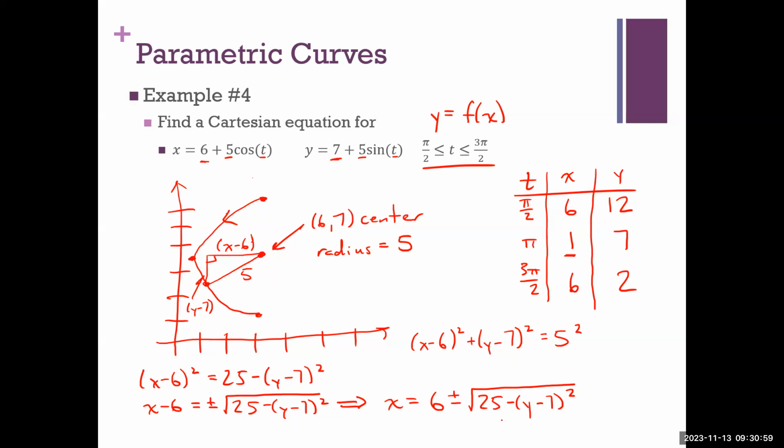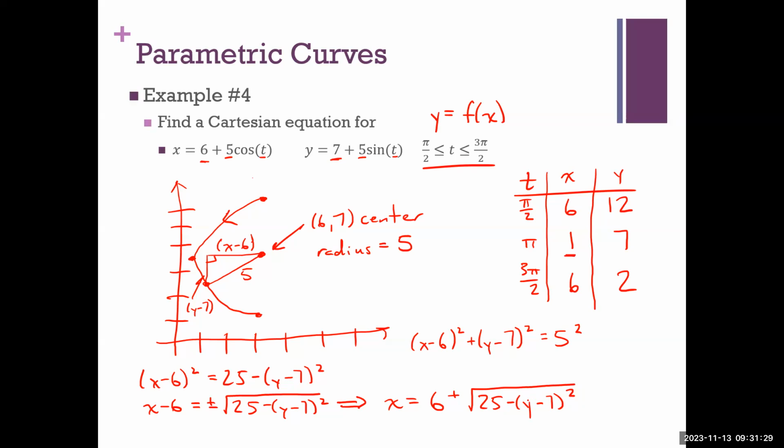But this isn't really a function because this has a plus or minus in it. If I really did both, the plus and minus here, I would get a whole circle. So what can I do here to just graph the part of the circle I really want? If I did 6 plus whatever's in this square root, what am I going to get?